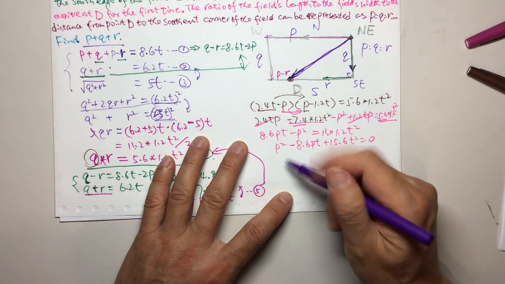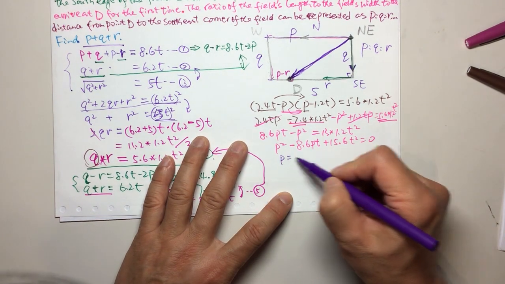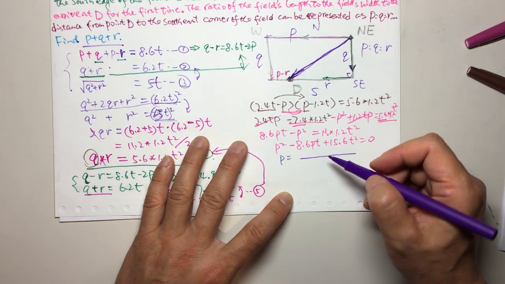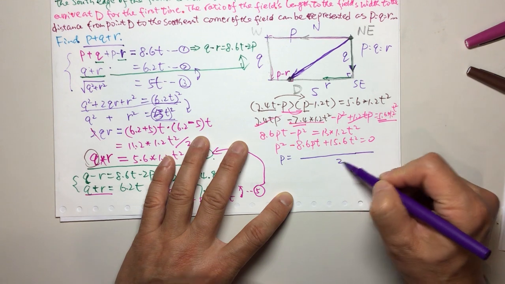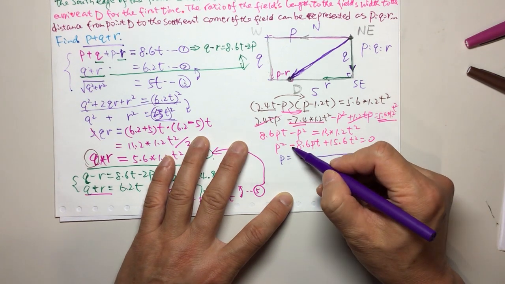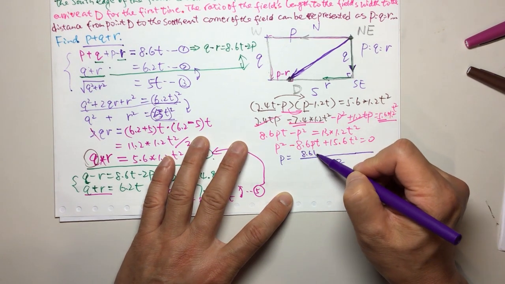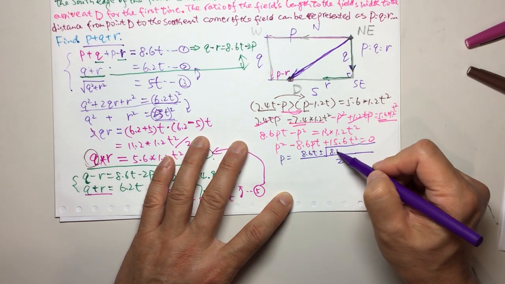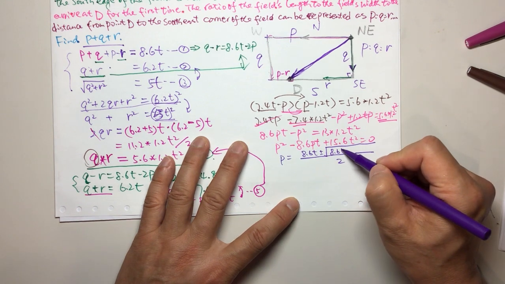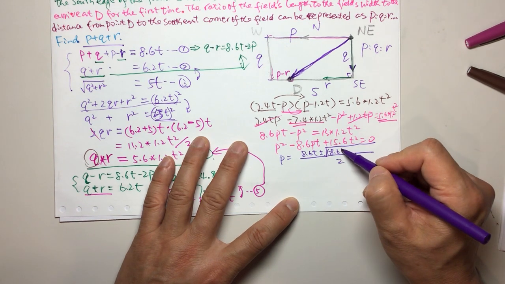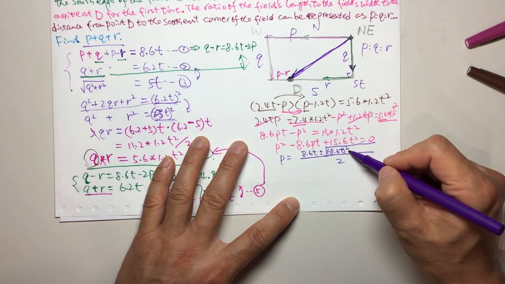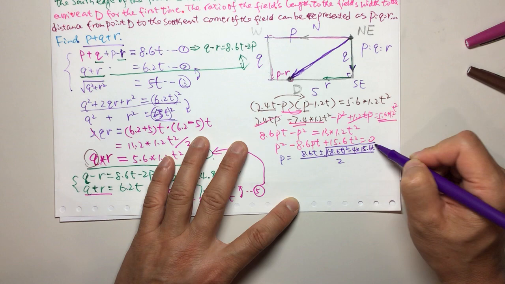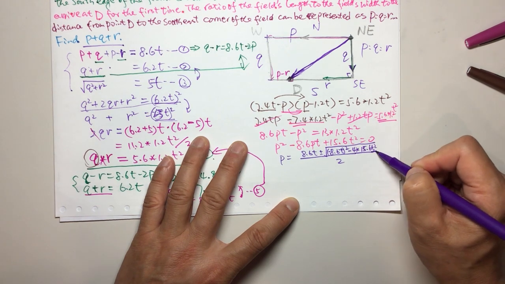Now we can use the quadratic formula. P equals 8.6T, here negative, plus or minus the square root of 8.6T squared minus 4 times 15.6T squared, all over 2.